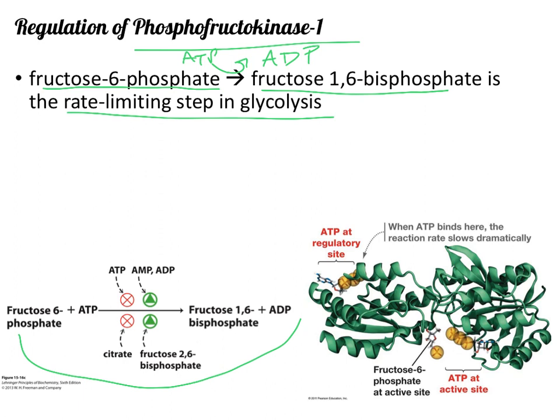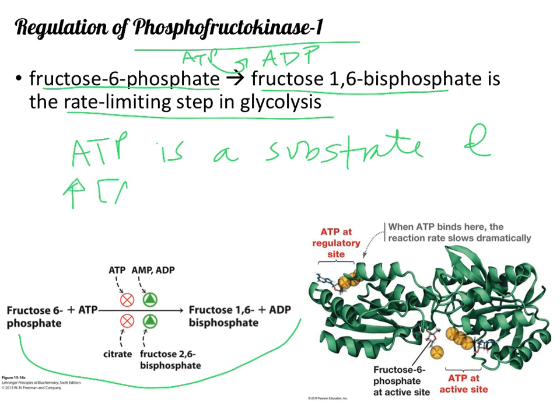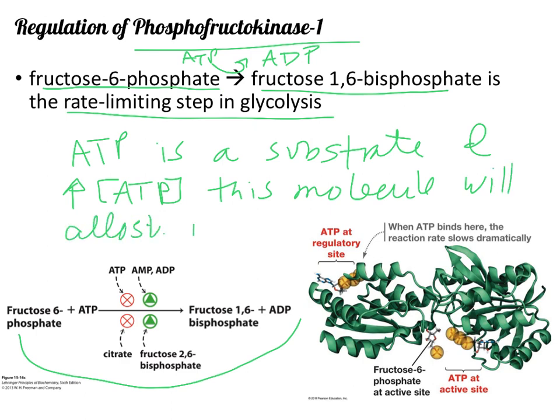And one of the things that I want to point out here is that while ATP is a substrate, at high concentrations of ATP, this molecule will allosterically inhibit PFK.